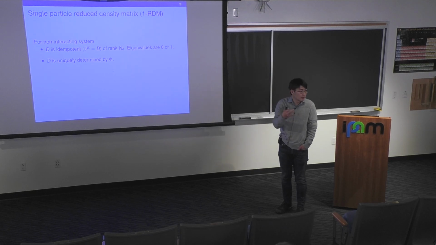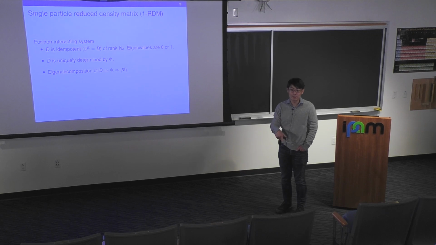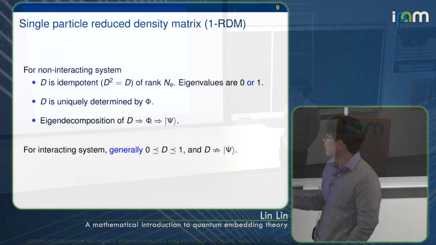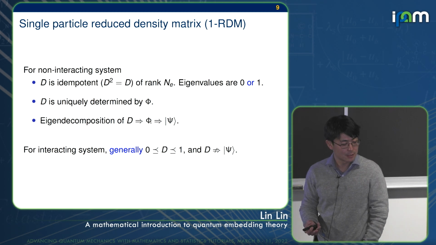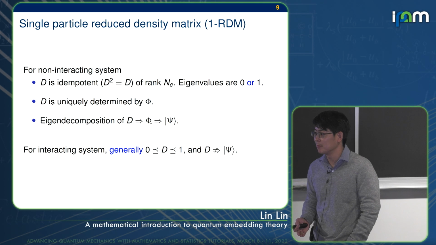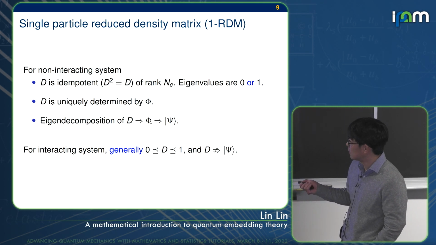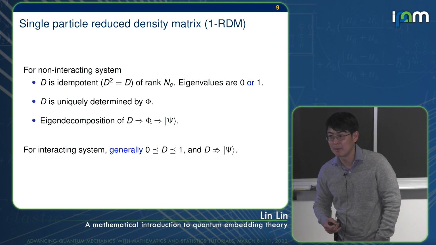Obviously, you give me a phi, and phi phi dagger defines D. But give me a D, I can perform an eigendecomposition of the matrix that uniquely defines phi up to a rotation. This is really a feature of non-interacting systems, that the whole thing is defined by its 1RDM. For an interacting system, this is not idempotent, and generally D cannot be used to determine the many-body ground state.